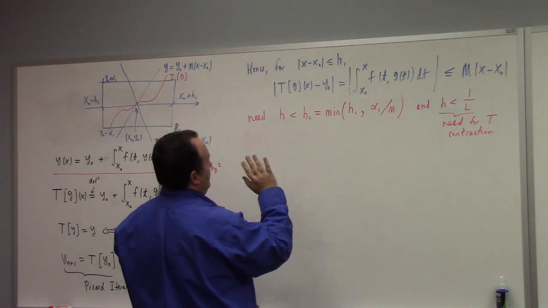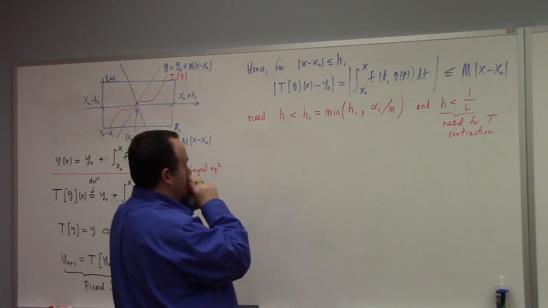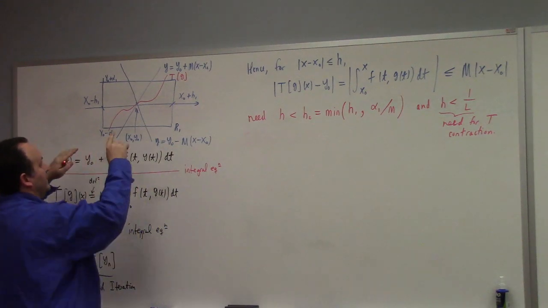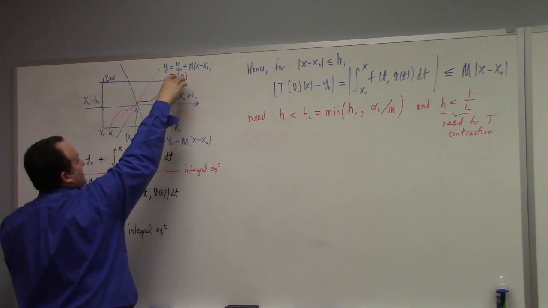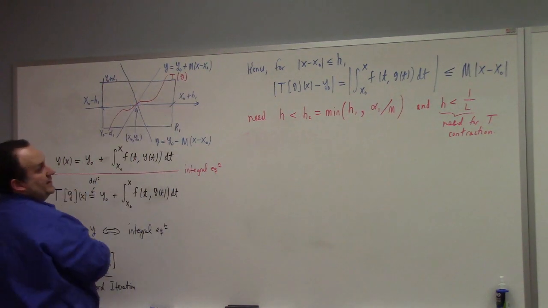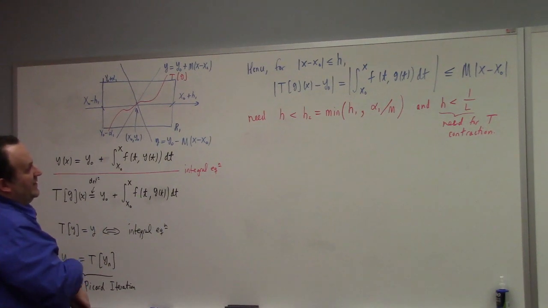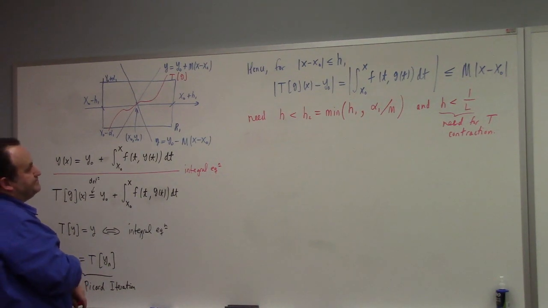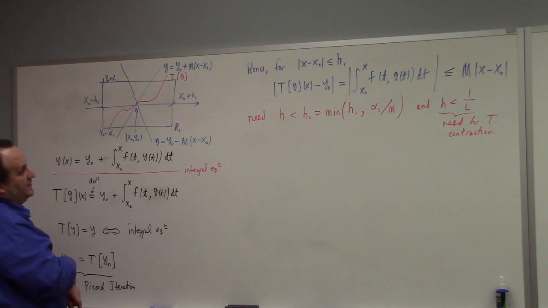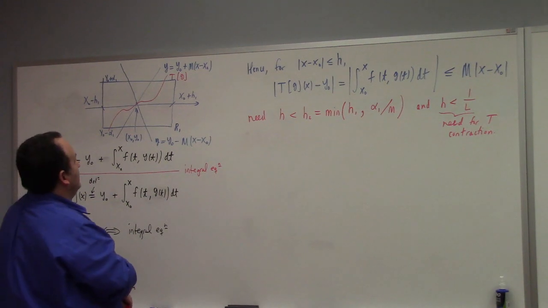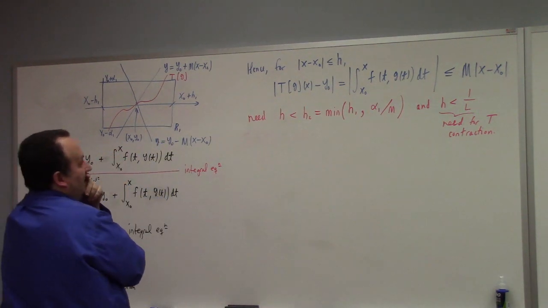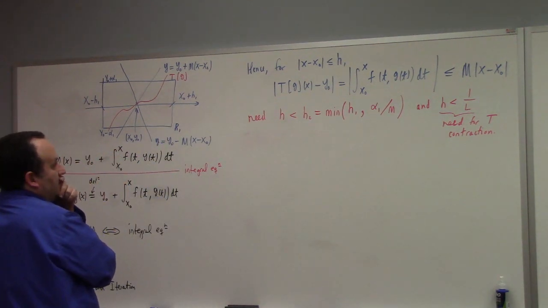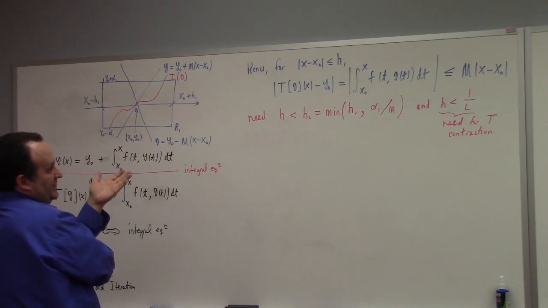What I'm trying to get at here, this would be a problem. There you've got T(g) maybe outside of R₁. So he claims the minimum of h₁, where's h₁? So okay, h₁ is just to stay in R₁. I mean, h₁ is necessary.